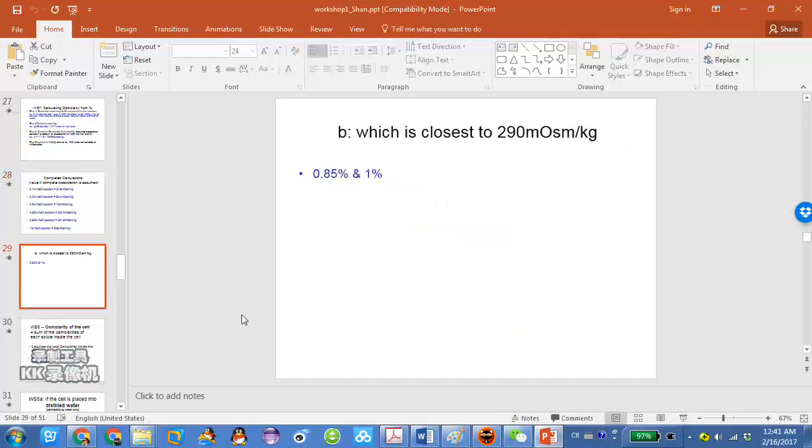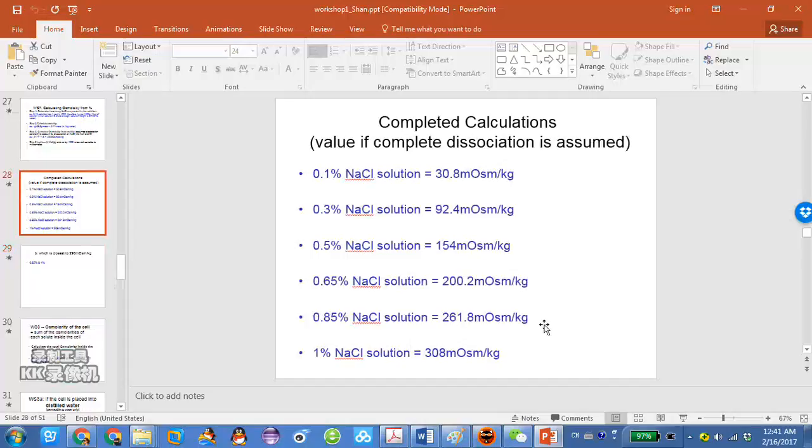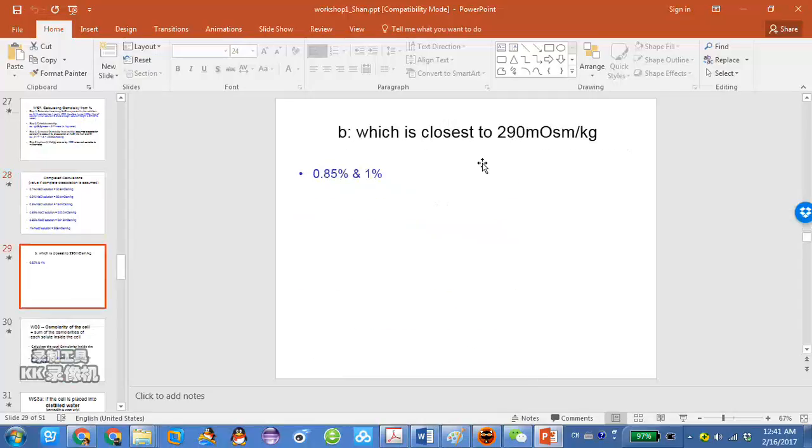Part B of this question is asking which one of the above solutions is closest to 290 milliosmoles per kilogram, which is the osmolality of blood plasma. From the numbers that we calculated, I'll say 0.85% and 0.1% NaCl solutions are both the closest to 290 milliosmoles per kilogram.